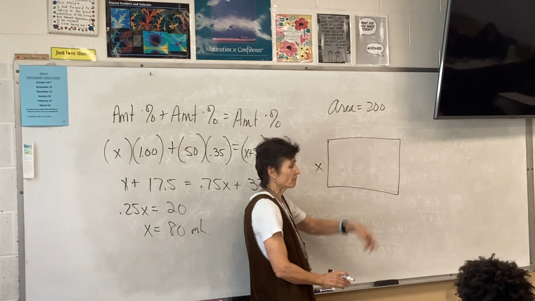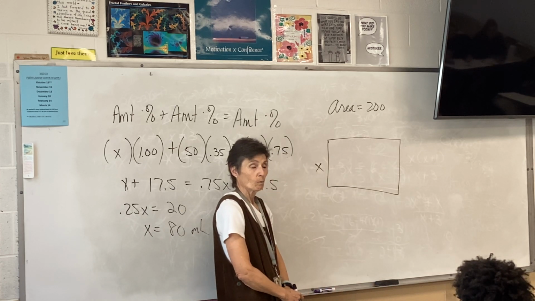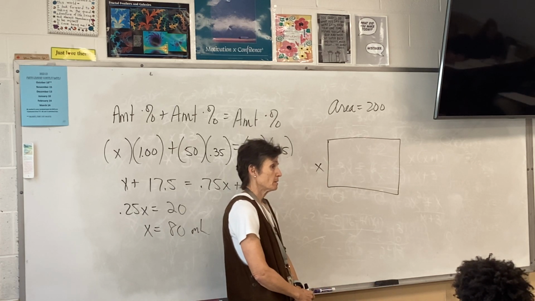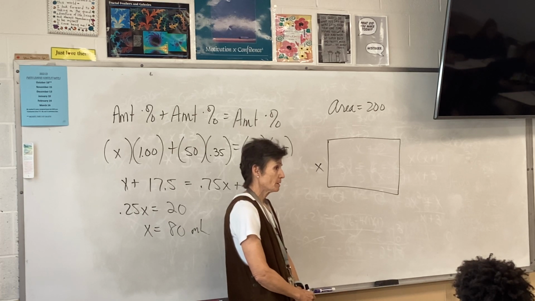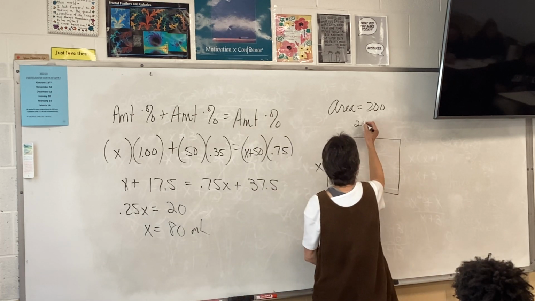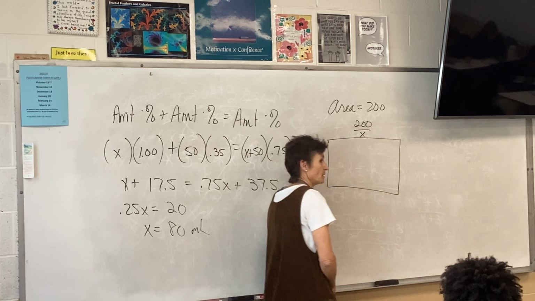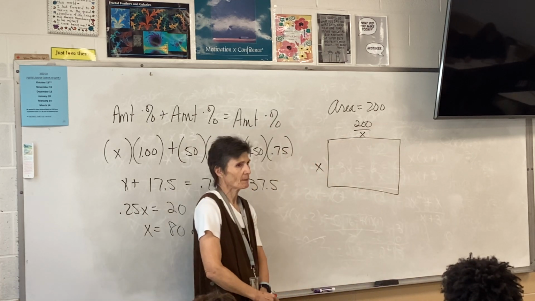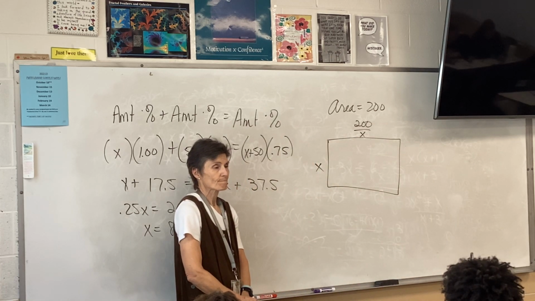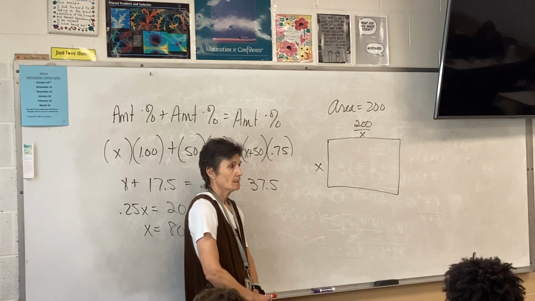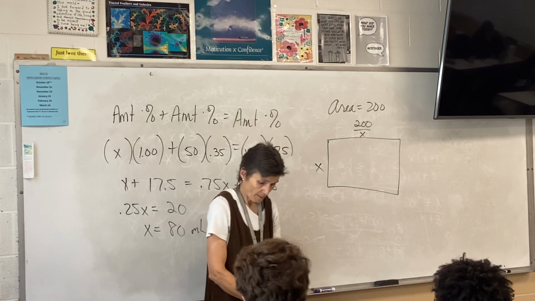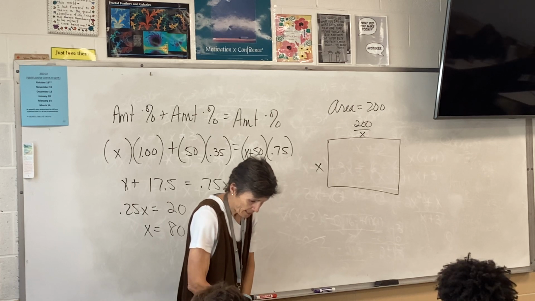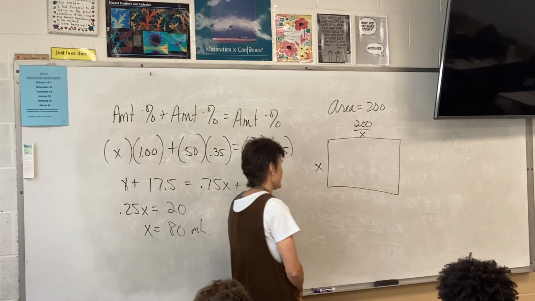What would that one have to be? Well, it could be Y. What else could it be? 200 divided by X, because isn't the length going to be 200 divided by the width? Now my job is to find the perimeter of this.